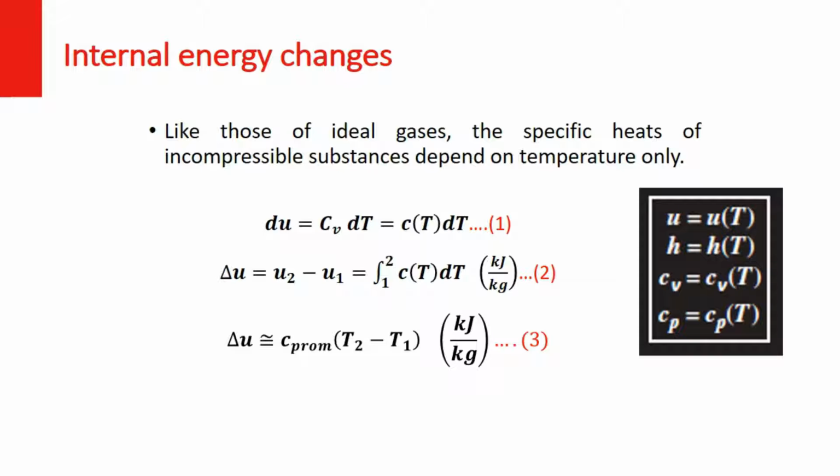The change in internal energy between states 1 and 2 is then obtained by integration, and that results in equation number 2. The variation of a specific heat with temperature should be known before this integration can be carried out. For small temperature intervals, a C value at the average temperature can be used and treated as a constant, yielding equation number 3.